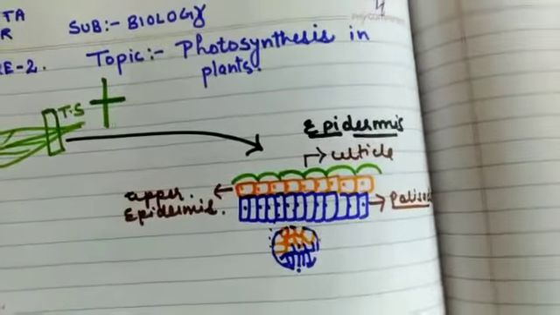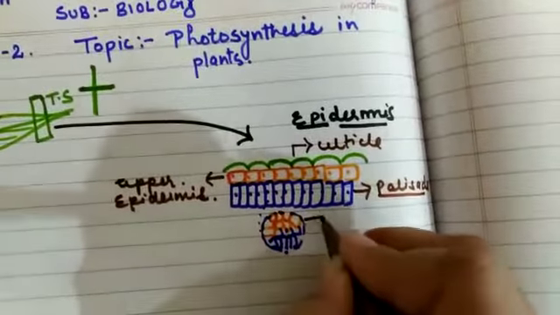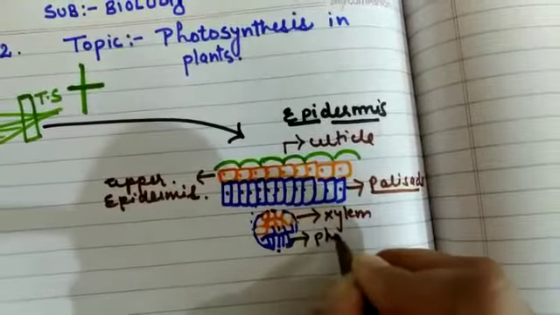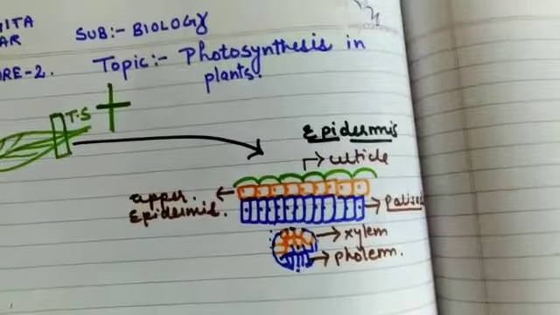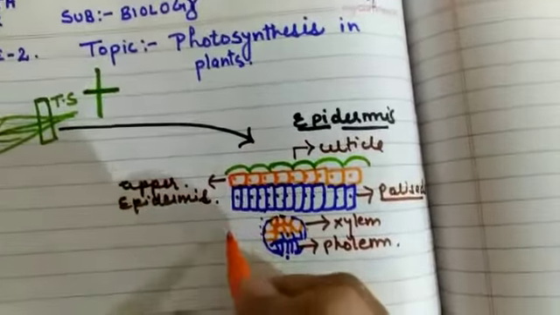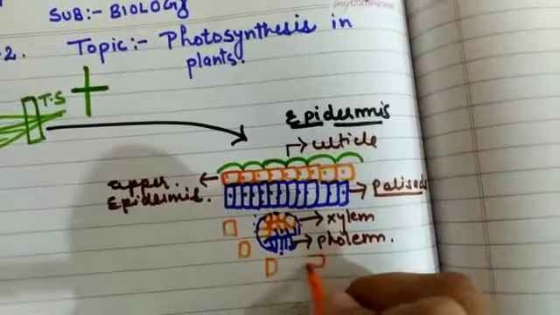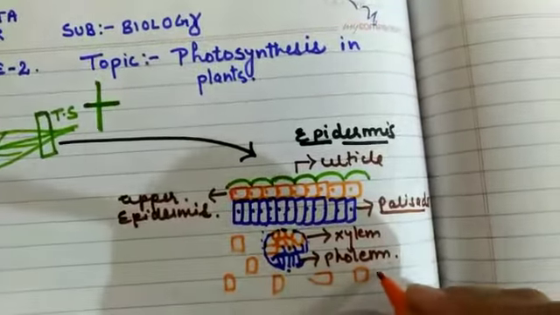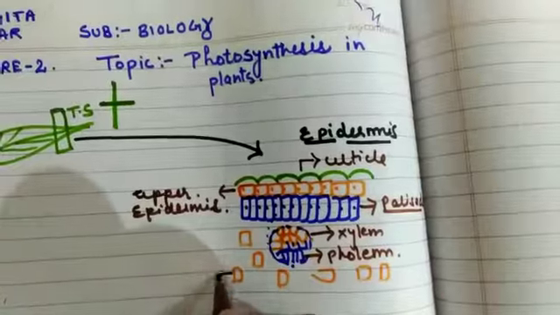Later, I will tell you the exact function of xylem and phloem. Here there are some scattered cells. These are known as mesophyll cells.